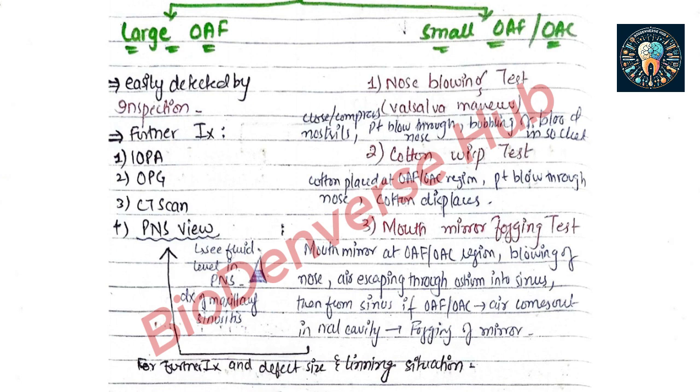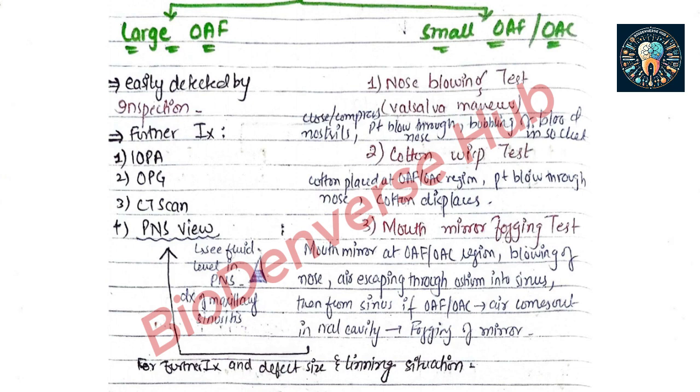So it also confirms the presence of an oroantral communication. These were the three important steps that can be used in the diagnosis of the small oroantral fistula or the oroantral communication.